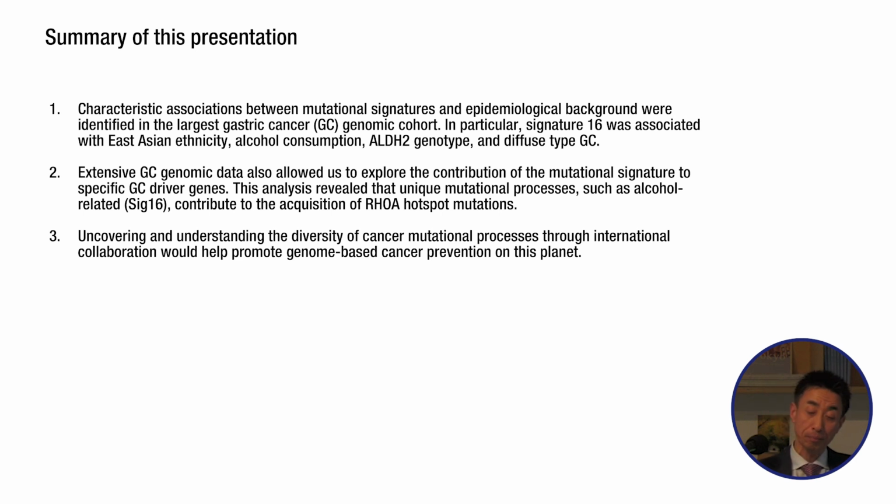Also, by comparing the mutation signature and the specific somatic mutation patterns, we found that signature 16 contributes to the acquisition of low-A driver mutations. This is one example, but if we expand this study to different countries, cancer types, and regions, we can understand the diversity of cancer frequency based on genome data analysis.